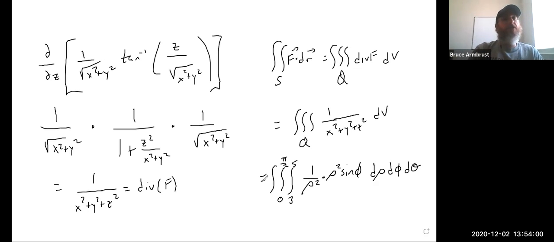And since we're in the first octant, that's where x, y, and z are all positive, then we stop at pi over 2. And then our thetas are also 0 to pi over 2. And this ends up being super nice because those rho squareds cancel. So we're just integrating sine of phi.